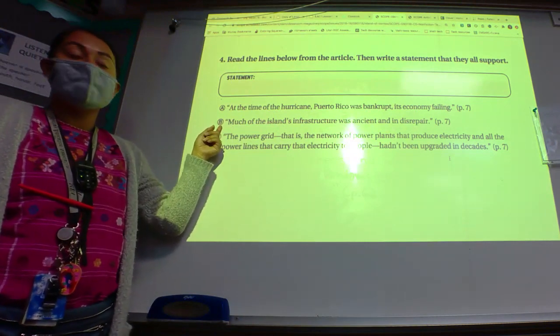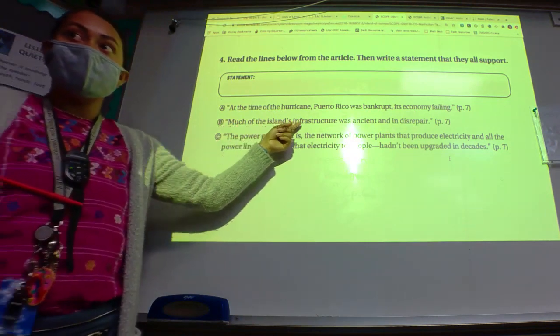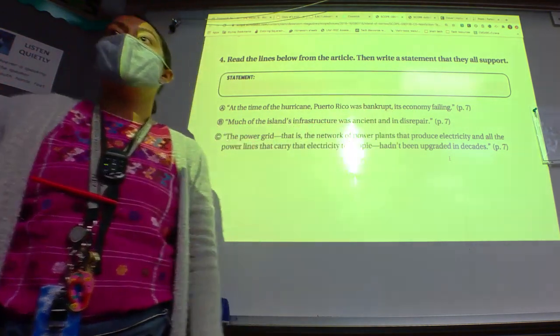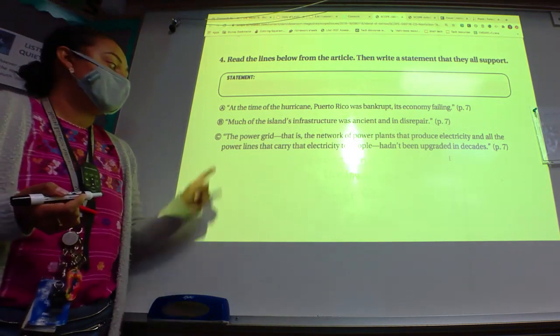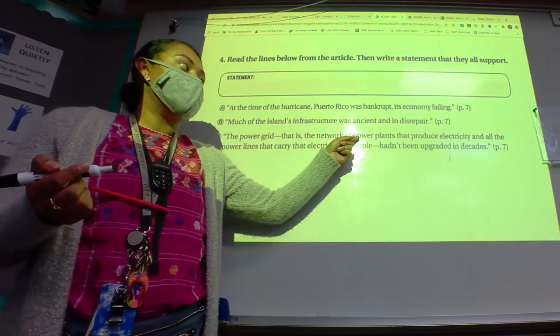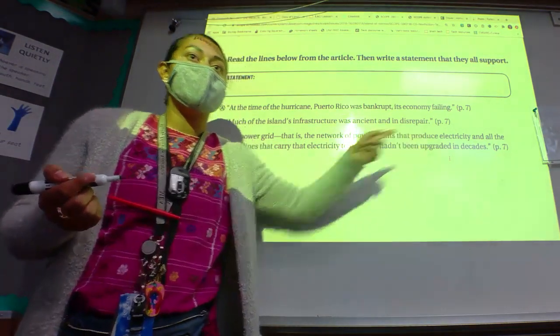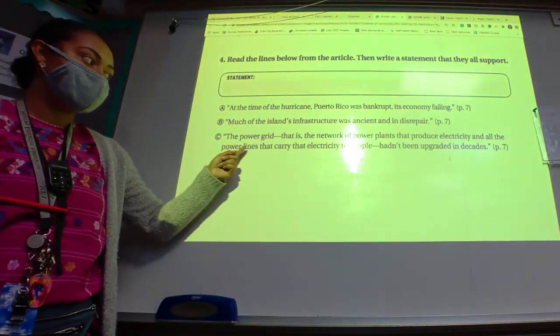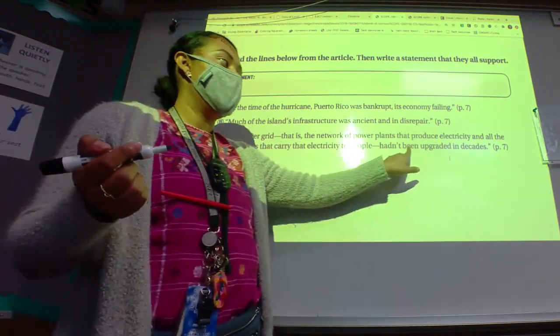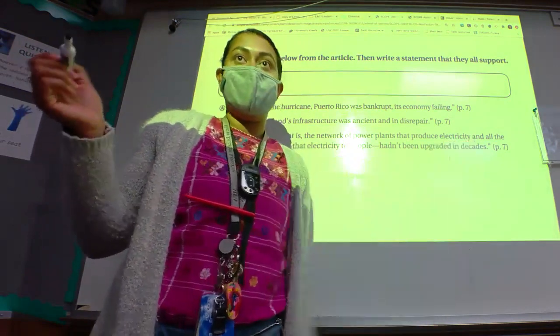B, much of the island's infrastructure was ancient and in despair. C, the power grid, that is the network of power plants that produce electricity and all the power lines that carry that electricity to people, hadn't been upgraded in decades.